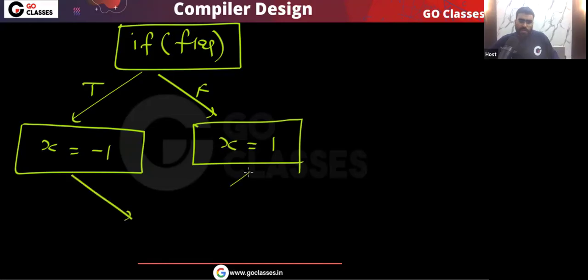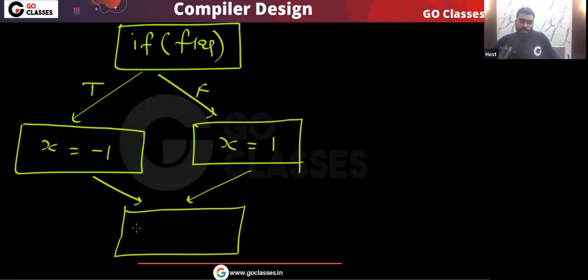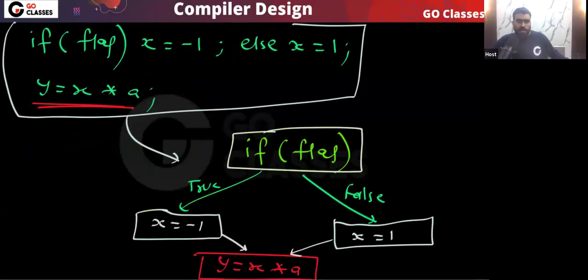And at the end, you are going to do y equal to x into a. So this is the given code. Let's convert it into SSA. First of all, right now, this is not in SSA, right? Yes or no? Right now, you can notice this is not in SSA.